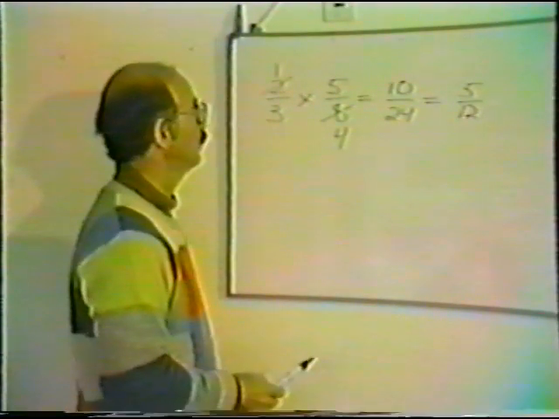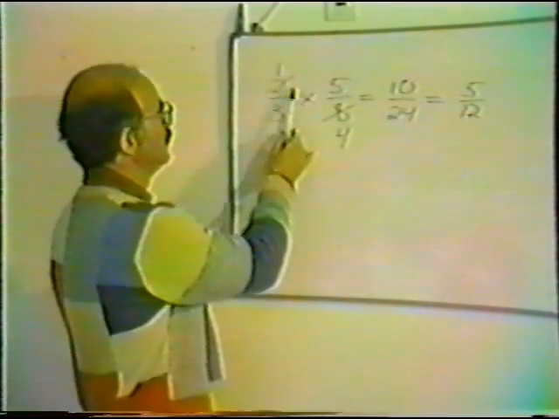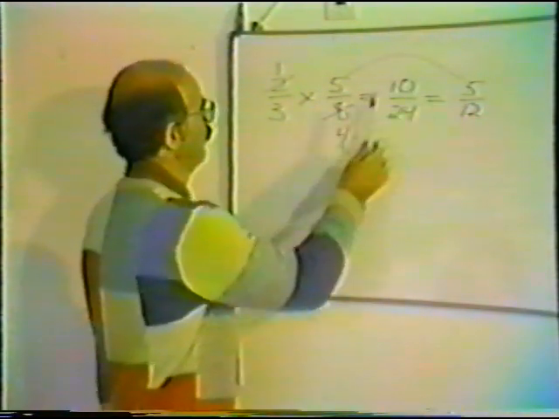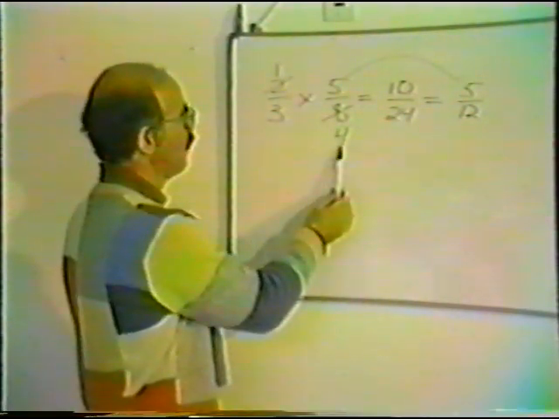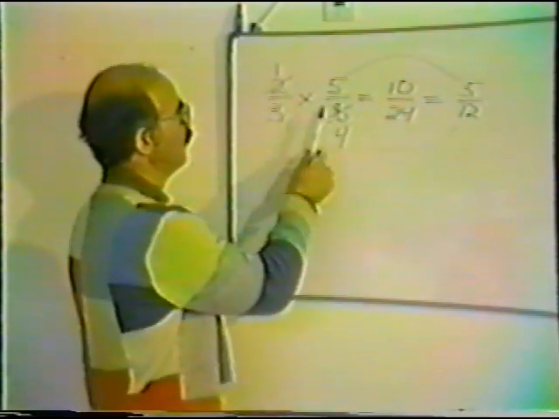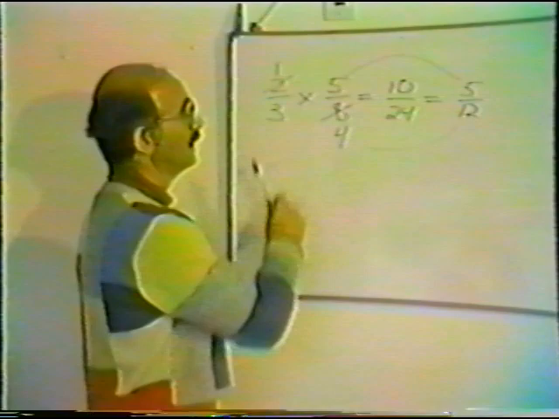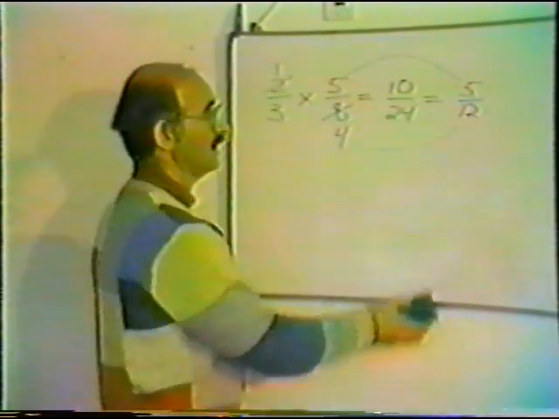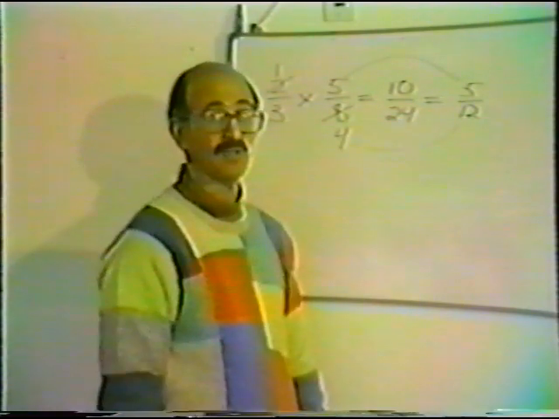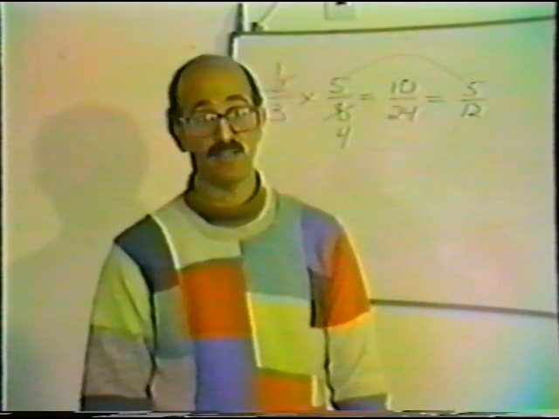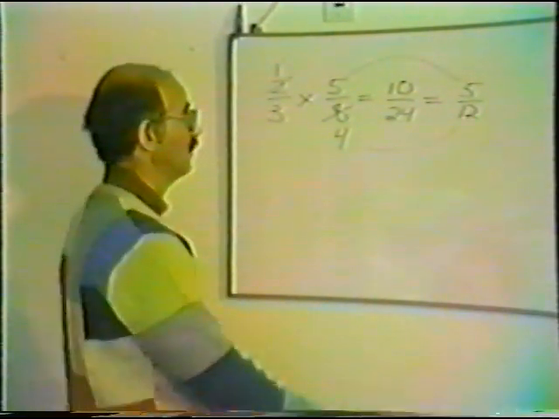Now let's multiply across. 1 times 5 is 5. 3 times 4 is 12. You can see that if we do our canceling here, we will get an answer that is already reduced to lowest terms, and we'll have less work and smaller numbers to work with.